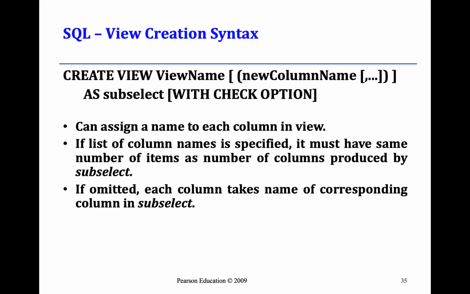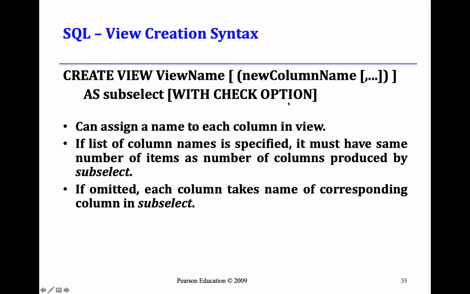So you can always update the base relations, and the updates to the base relations should be reflected in the view. But if you change the view, if you add a row or delete a row from a view or update some column in a view, you might want that information propagated back to the base relations.